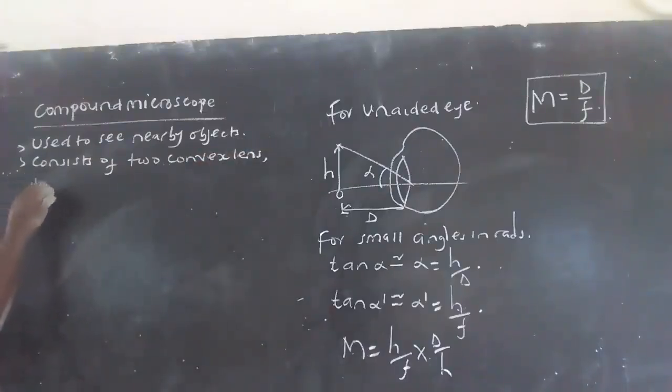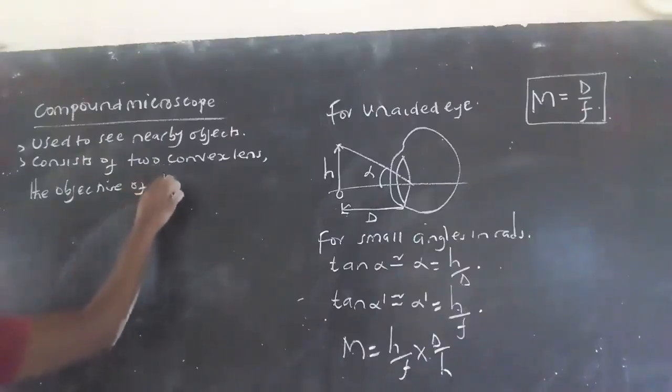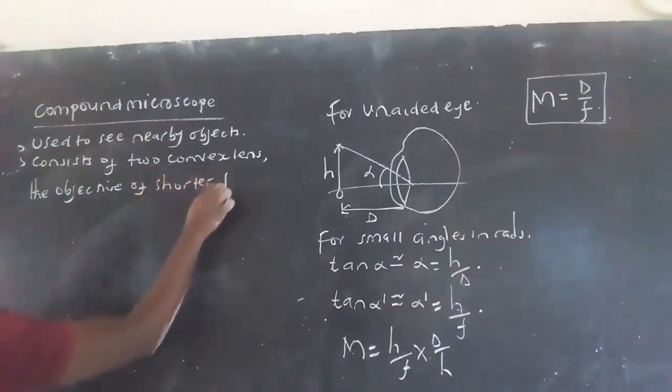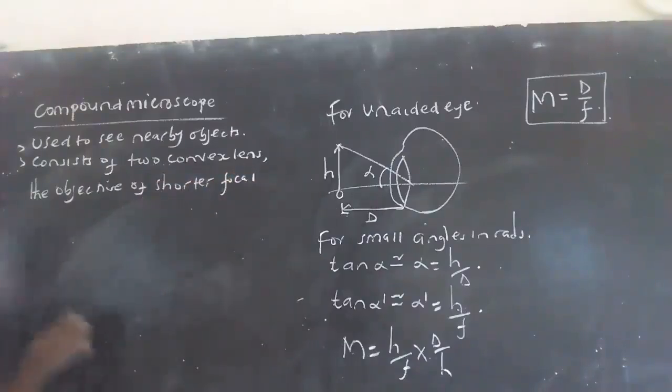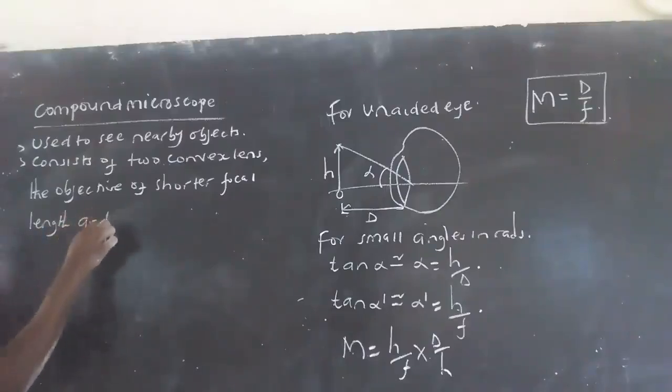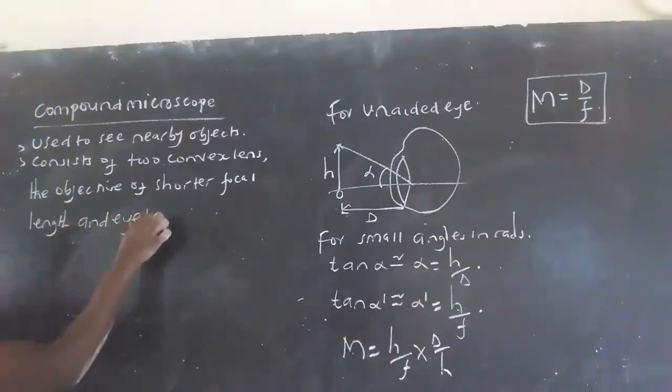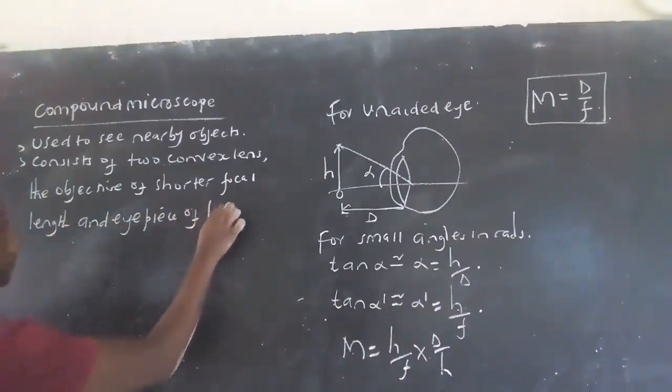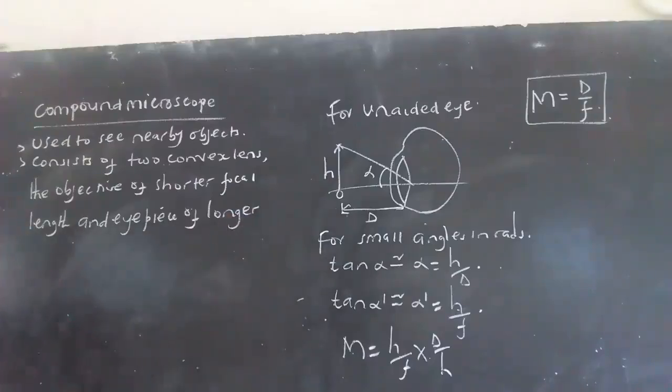The objective of shorter focal length and the eyepiece of longer focal length.